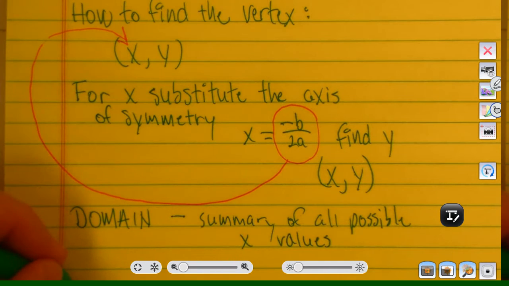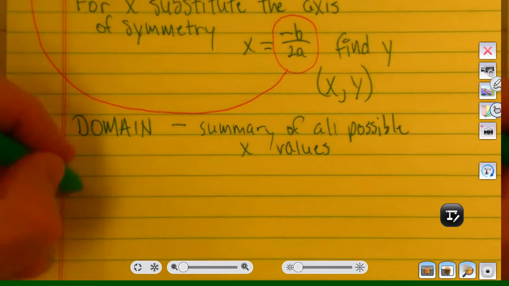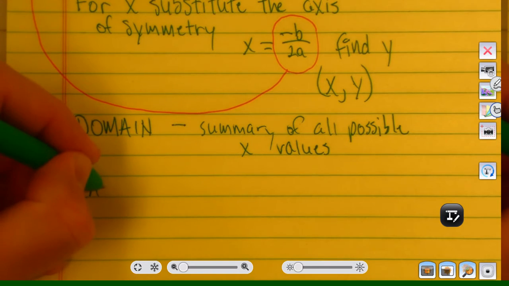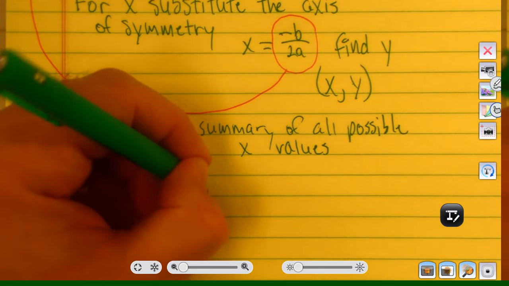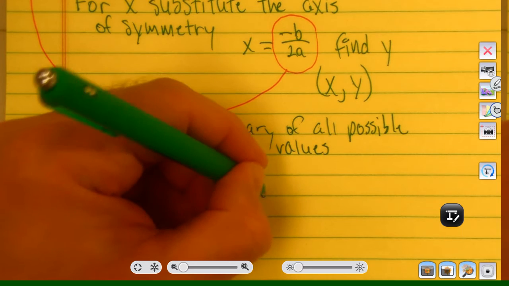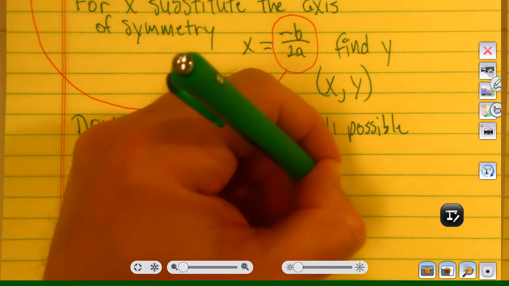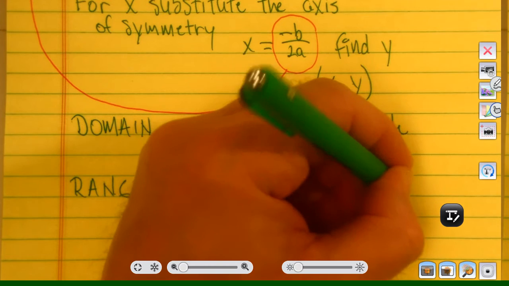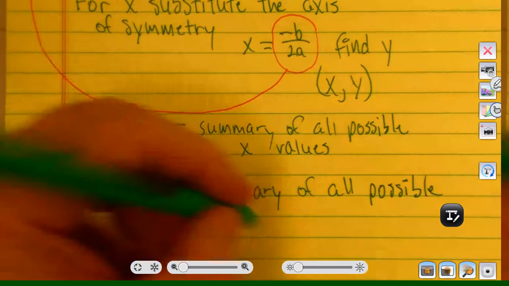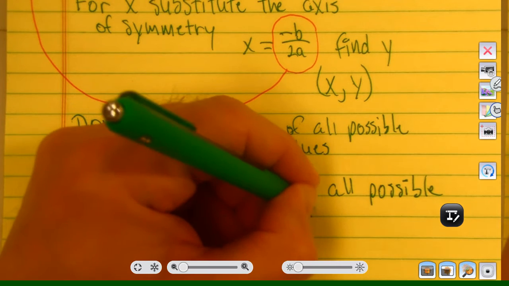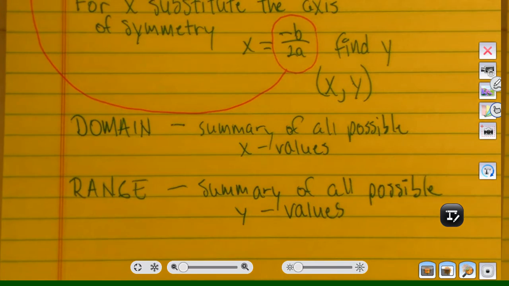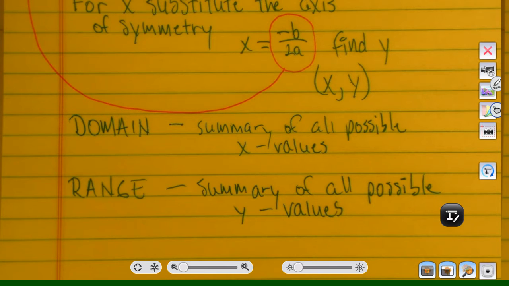And the other thing I would like to remind you of is that it also has a range. And that's a summary of all possible y values. So when I talk about the domain, I'm saying, okay, what's the potential here? What do the x values look like? If I'm looking at the range, what do the y values look like?